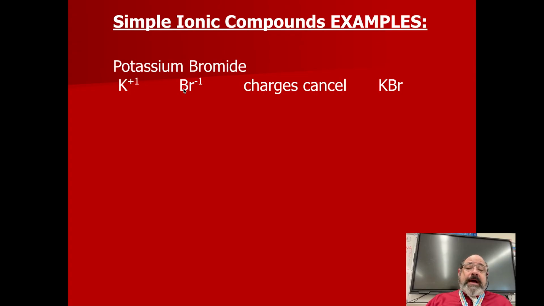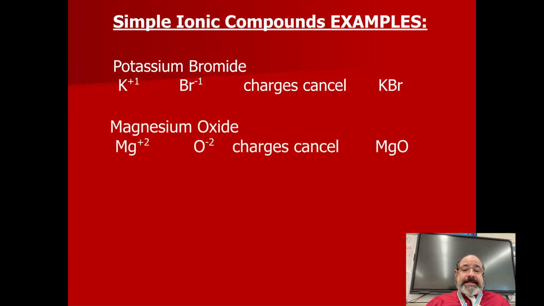So +1 and -1, the charges cancel, so you just write it KBr. Easy peasy. Magnesium is Mg, +2, second column. Oxide is -2, oxygen column. So +2, -2, the charges are the same, so they cancel, and you end up with MgO.